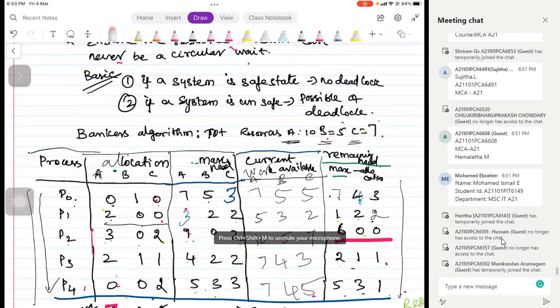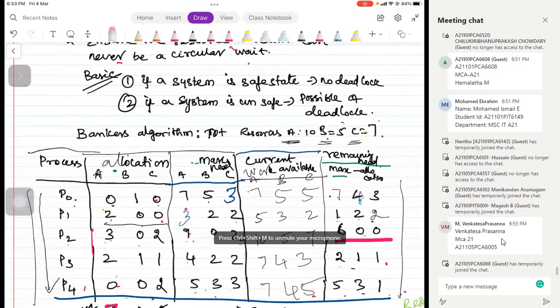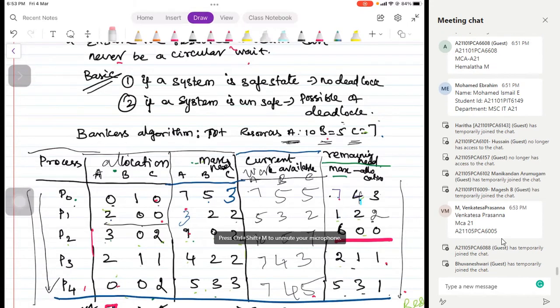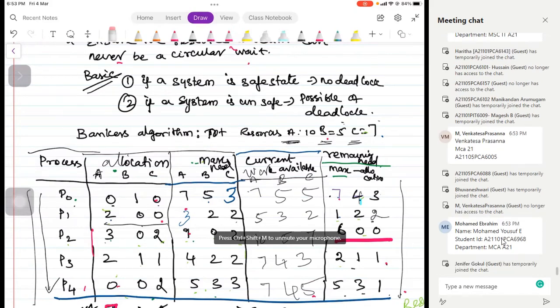ஆனா நமக்கு எவ்வளவு இருக்கு? A 10 இருக்கு, B 5 இருக்கு, C 7 இருக்கு. எல்லாம் அவைலபிளா இருக்கு. ஆனா எல்லாத்தையுமே P0-க்கு கொடுத்து நம்ம ப்ராசஸ் முடிச்சிடலாம். ஆனா மத்தவங்க எல்லாம் என்ன பண்றது? இப்போ ஒரு ப்ராசஸ் you can ask like that, everything is available, why don't you complete P0 first and then go for P1?